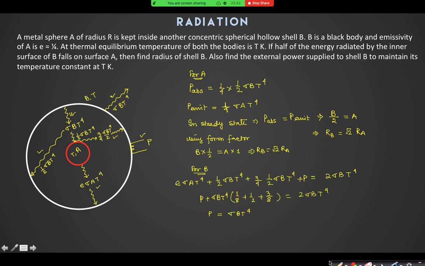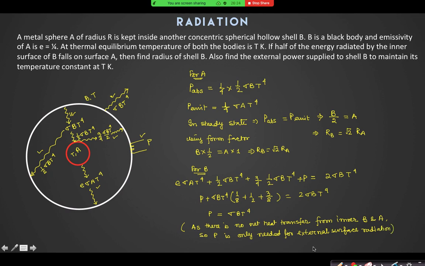As you can say, there is no net heat transfer from the inner surface of B and A. So power is only needed for the external surface radiation. Now is this clear?